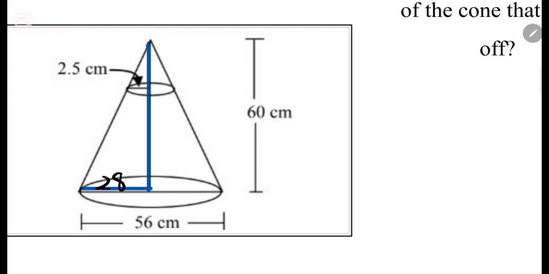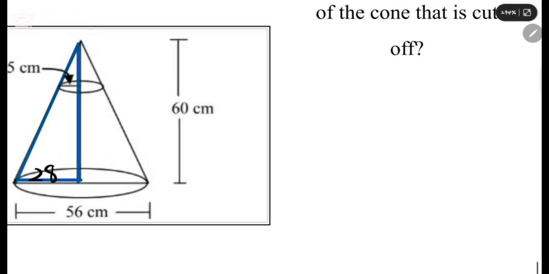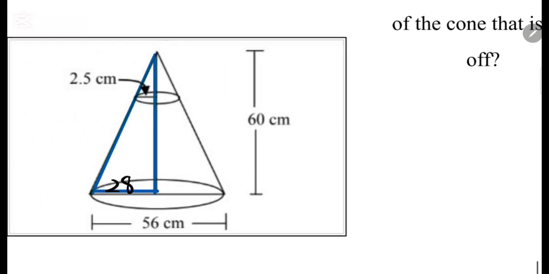So what you want to do is just draw one triangle. That's going to be your big triangle. Actually, you don't have to. You can just use this diagram. And then the small triangles inside, like that. Boom. Nice. 28, 60. Boom.